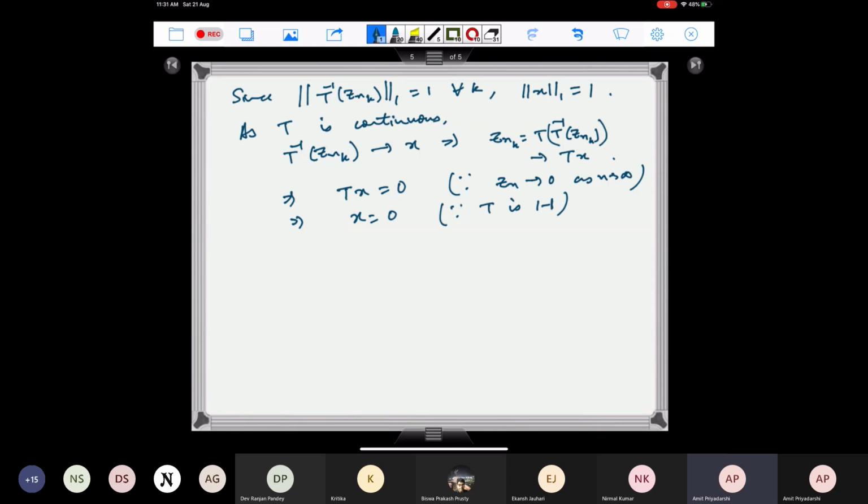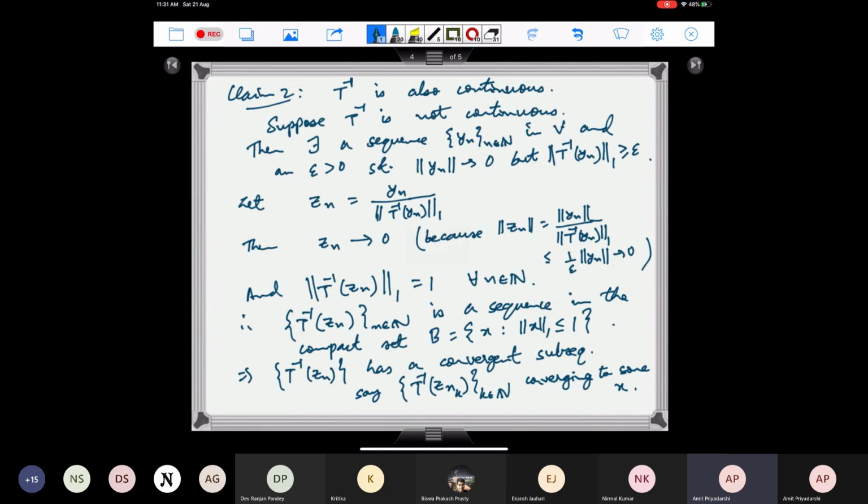But we know that norm x_1 is equal to 1. So this contradicts. This contradiction is because we assumed that this T inverse is not continuous.